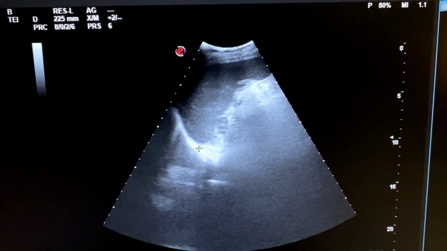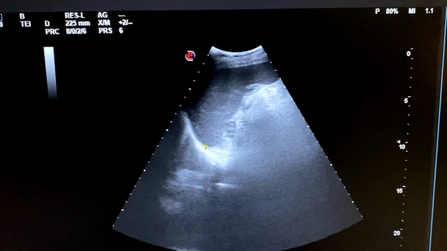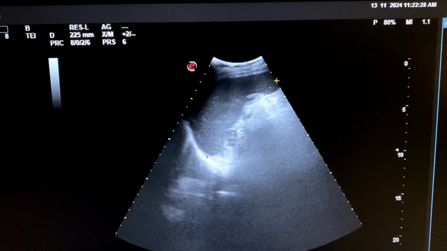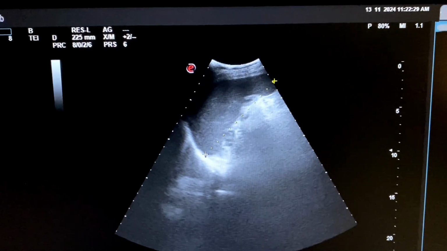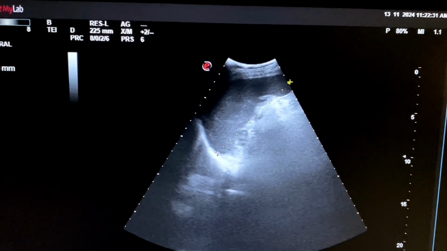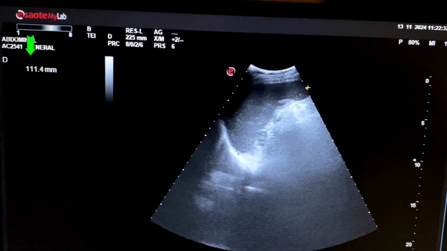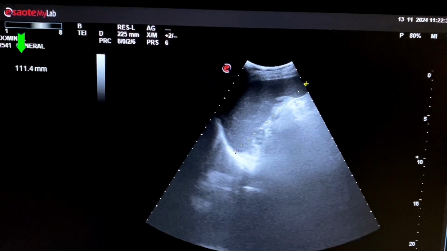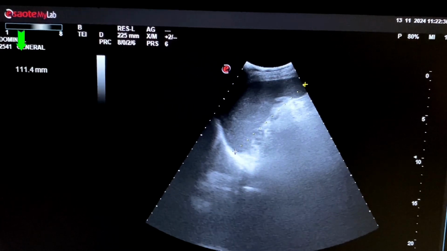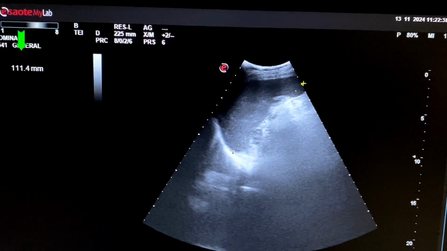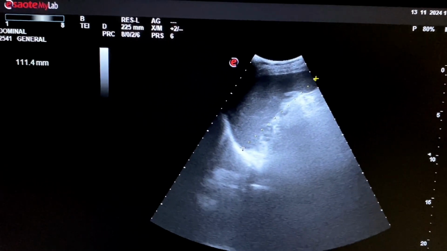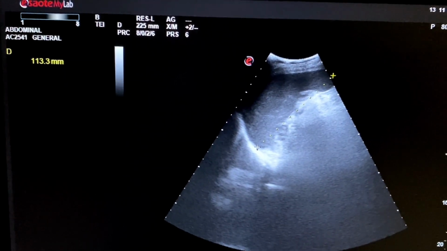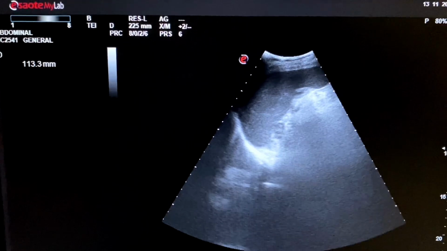Now we will measure the size of the spleen. The splenic size is 111 millimeters or 11 centimeters. The normal size of the spleen is up to 12 centimeters. It means splenic size is normal.